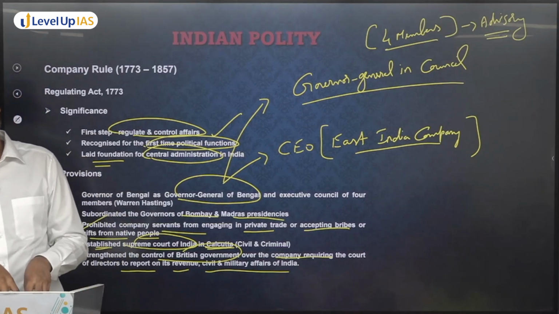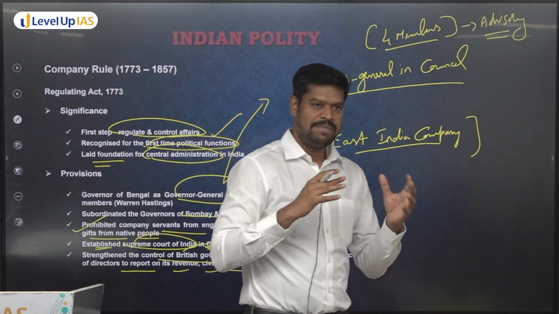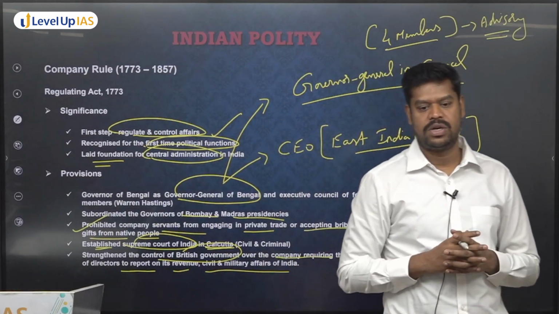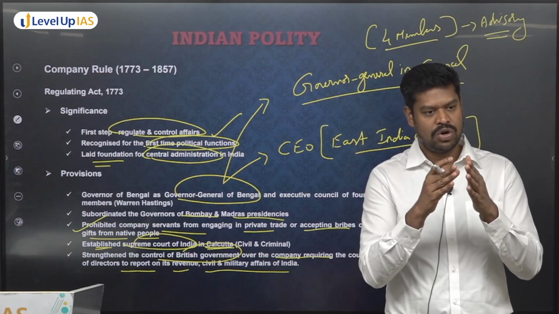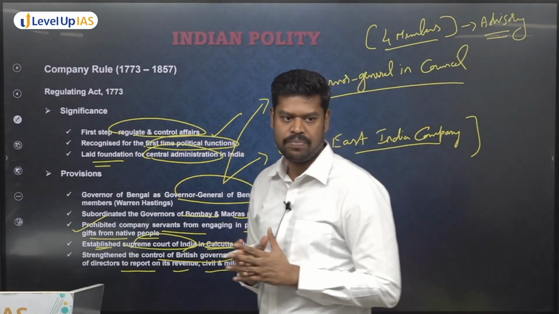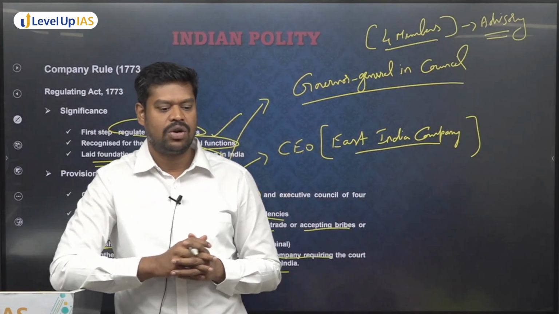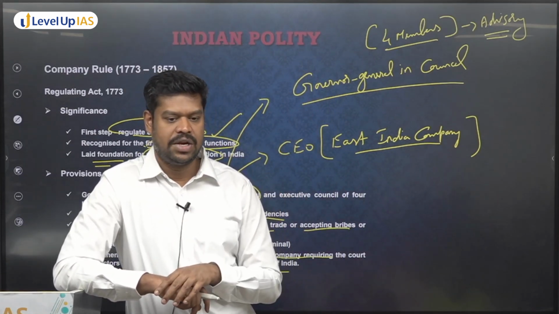But after the Supreme Court was established by the Regulating Act of 1773, there was some element of dispute between these two authorities. So to remove this particular conflict, a specific act was brought in, and that's basically what is called the Act of Settlement, or also the Amending Act of 1781.